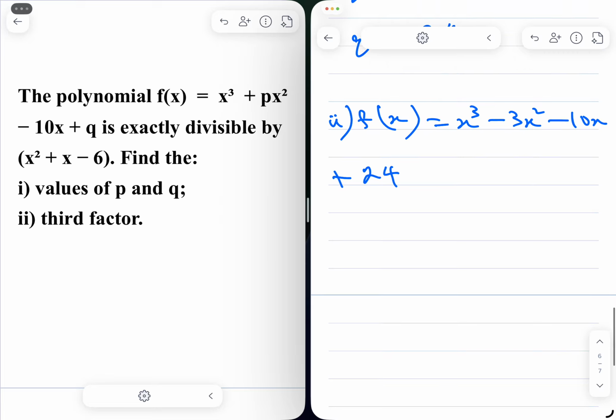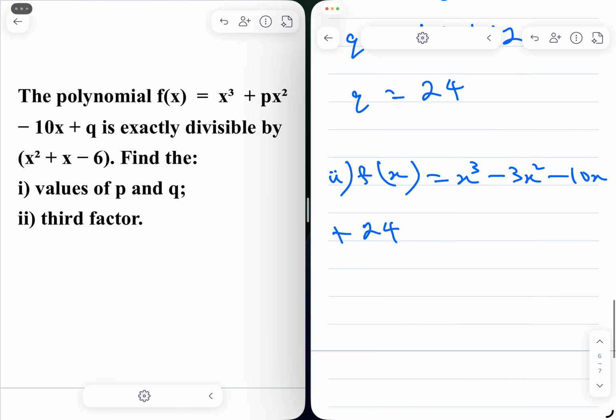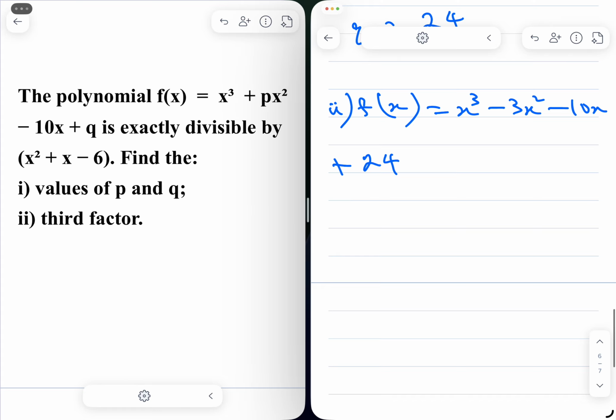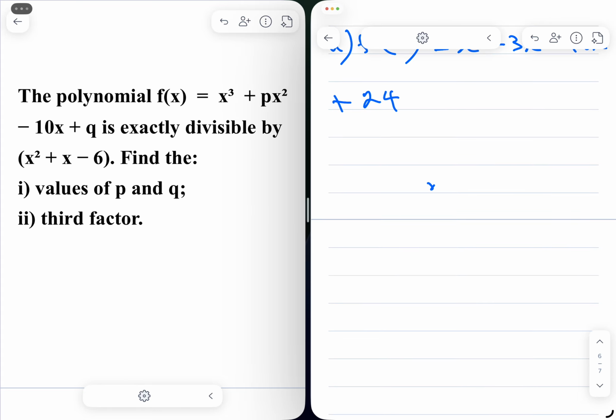Now, how do we find the third factor? To find the third factor, we already know two of the factors of f of x. Those factors are x minus 2 and x plus 3.